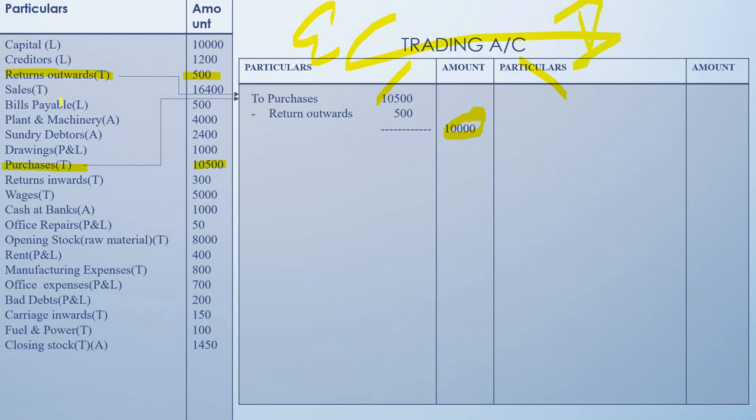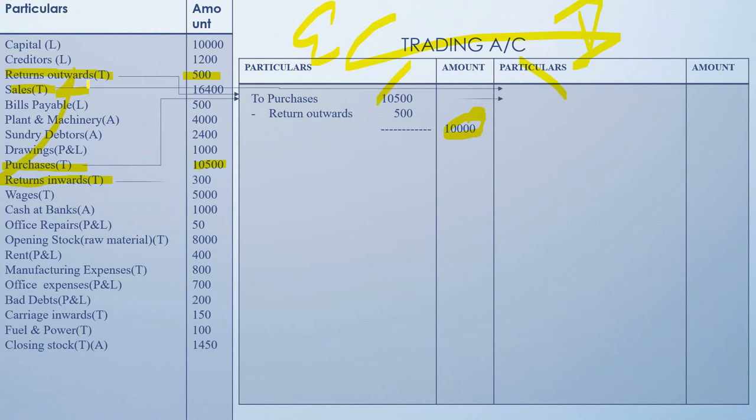And the next item is sales. First we record sales and we want to observe whether there are any sales returns. Here it's sales inwards. Sales is nothing but sending the goods out and receiving the amount.